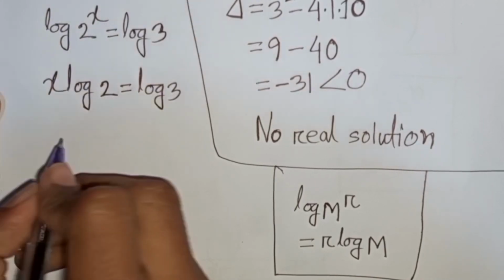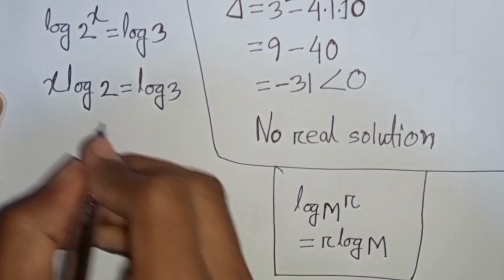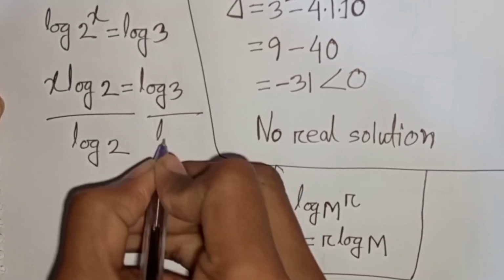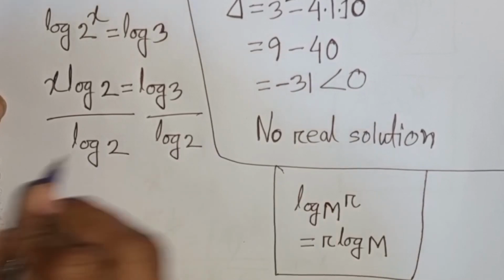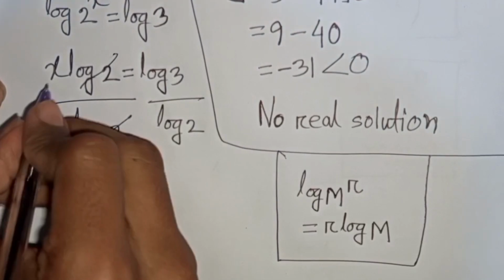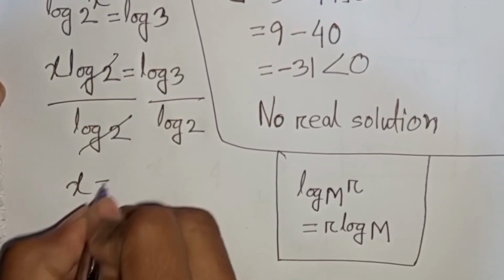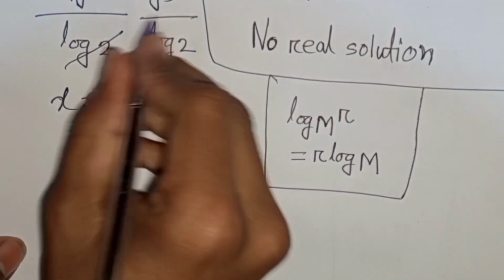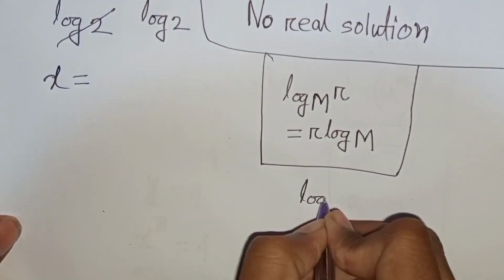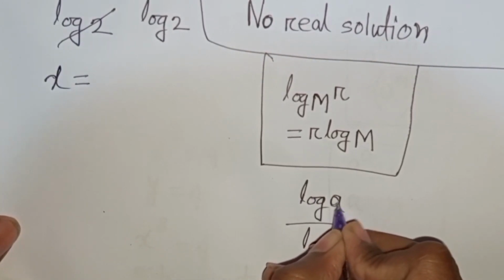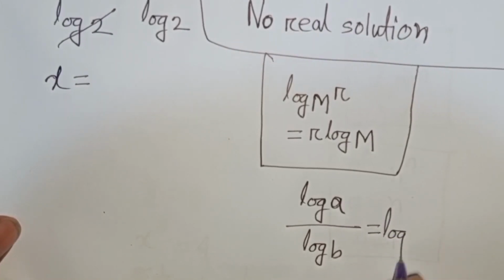Now we need the value of x, so we divide by log 2 on both sides. So divided by log 2, divided by log 2. Now we see this log 2 will be cancelled. So here x will be equal to, here we can apply this formula: log a divided by log b is equal to log a base b.